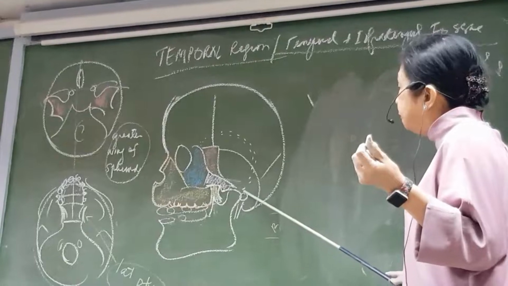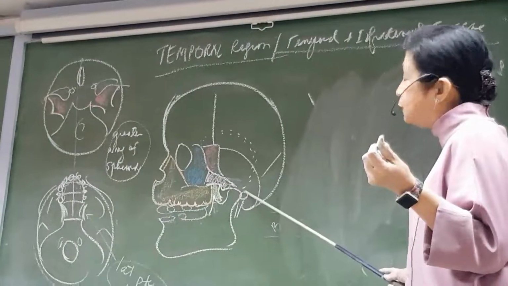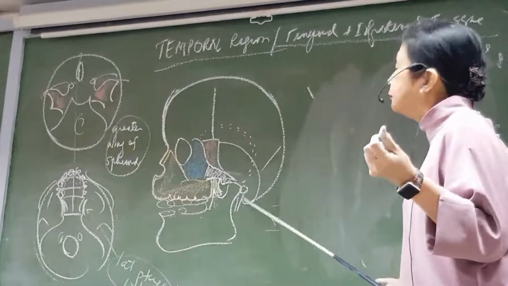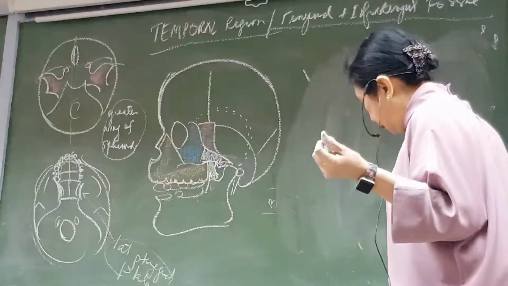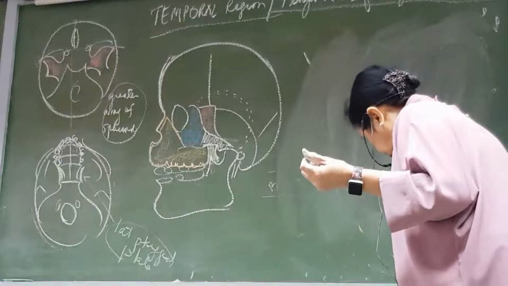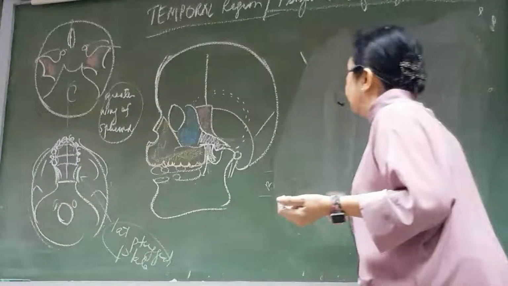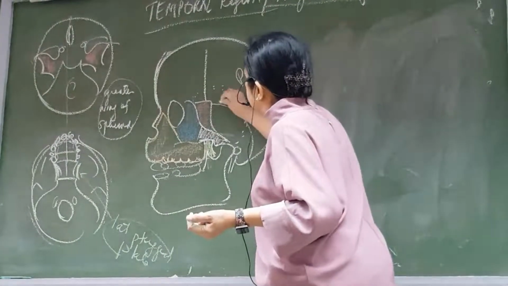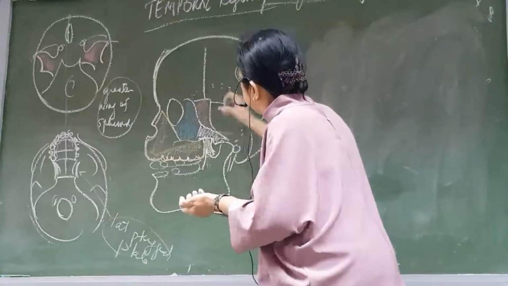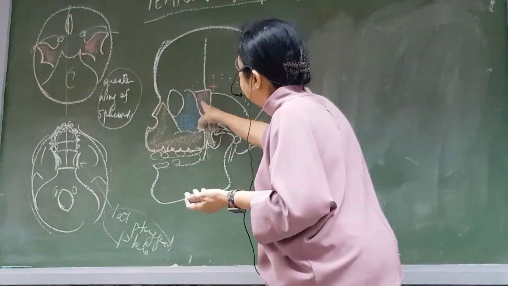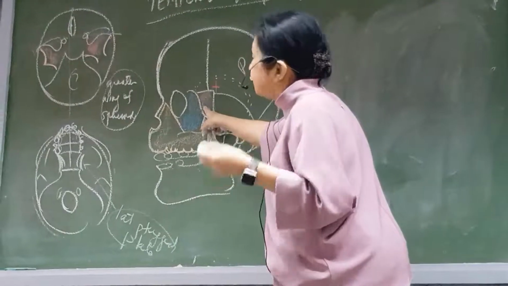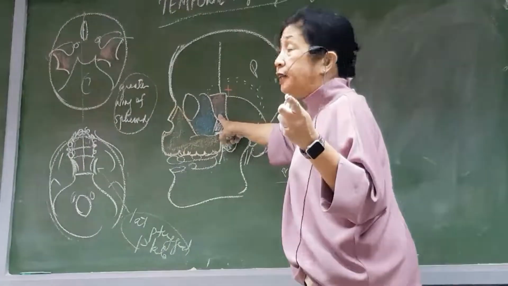And the tympanic plate is part of the external acoustic meatus. So this is all temporal. Then this one is occipital. There is a part here that is really a part of the parietal bone. And this is where it joins the greater wing of the sphenoid, as you see it outside on the lateral side.